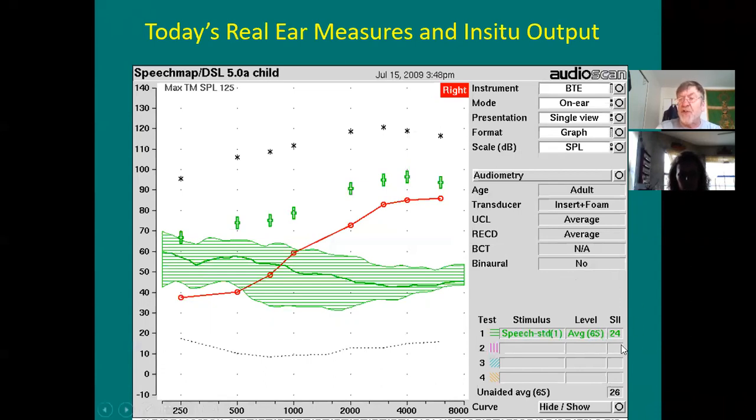SII, that stands for Speech Intelligibility Index. Don't worry about that. I'm not here to talk about that. But the higher the number, the better. Now, if you're looking at this line over here, minimal audible pressure, this whole graph is in dB SPL, SPL going up along the sides.